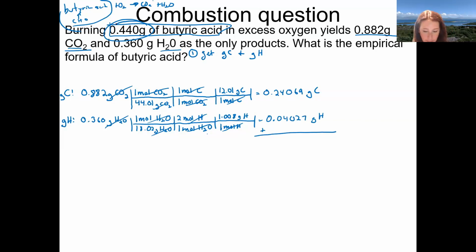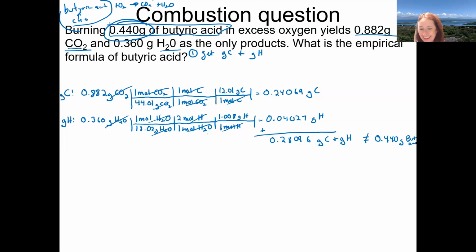So let's try. Plus 0.24069, I get 0.28096. Again, this is grams of C and grams of H. This does not equal 0.440 grams of our butyric acid.